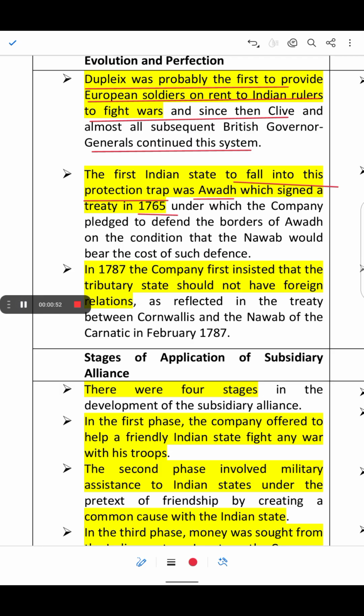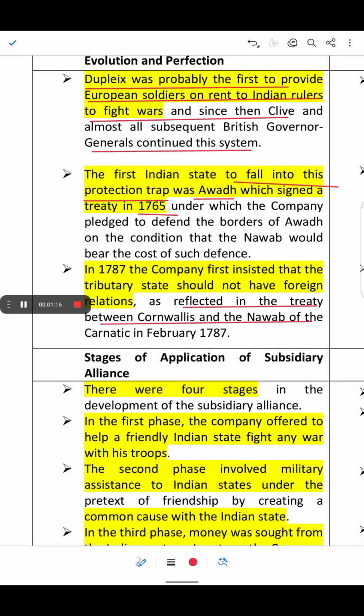In 1787, the Company first insisted that the tributary states should not have foreign relations, as reflected in the treaty between Cornwallis and the Nawab of the Carnatic in February 1787. So understand some points over here about the French and the British involvement.